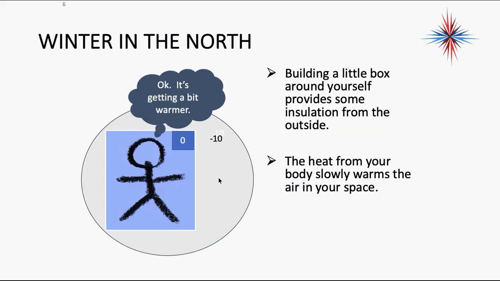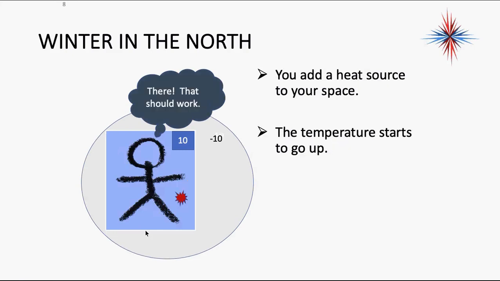I put a box around you, just a cardboard box, basically no insulation. It provides some insulation, but not really all that much. So my outside air might be 10 degrees, the space around my body might be 0 degrees, but you're still losing heat. You're just not losing it as much.